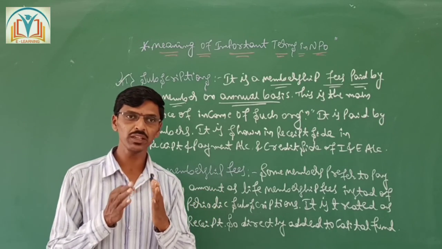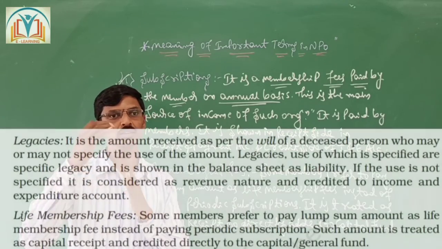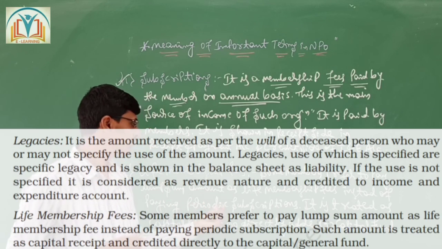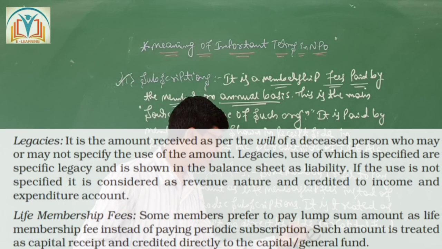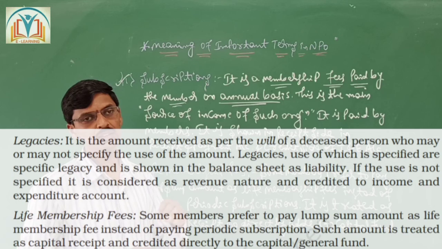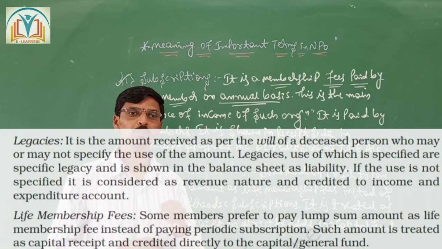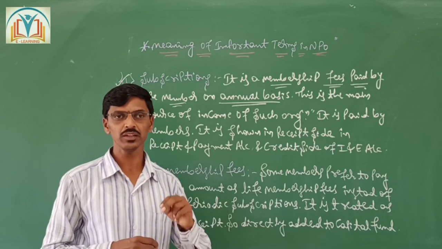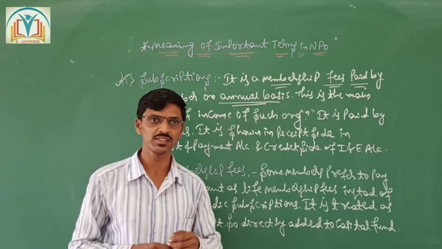They pay the amount at once for a lifetime period, and that is called life membership fees. It is treated as a capital receipt, directly added to the capital fund, and shown on the liability side of the balance sheet. So this is the second meaning.